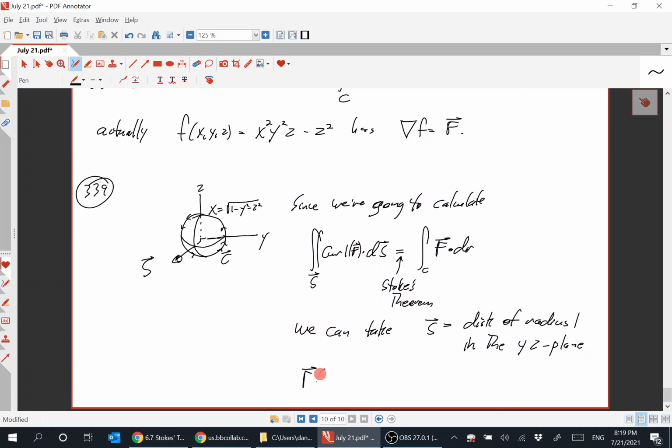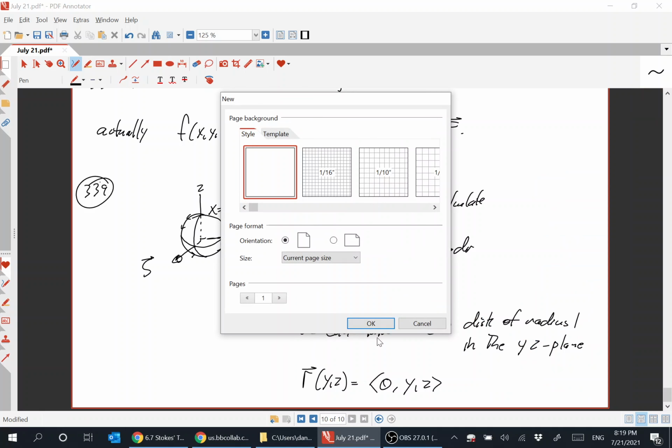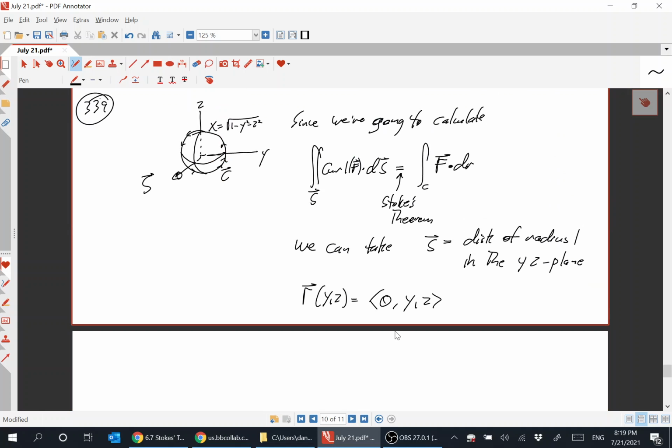So we take r(y, z), where y is y, z is z, and x is 0. It's a lot better than putting x equal to the half sphere. Or you could use the paraboloid, or hyperboloid, whatever. As long as it's got the correct boundary, the surface is fine.